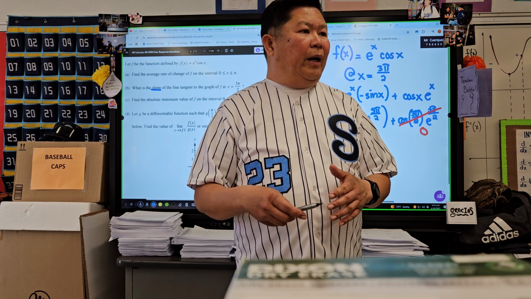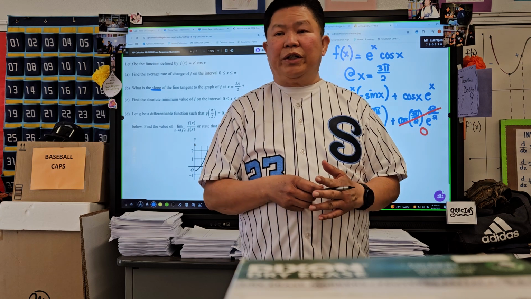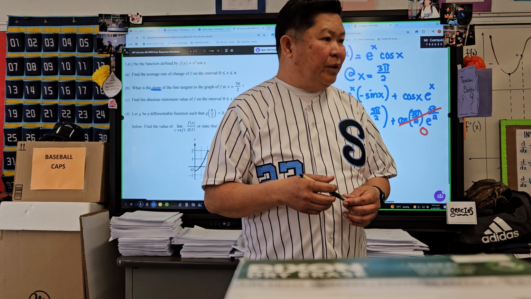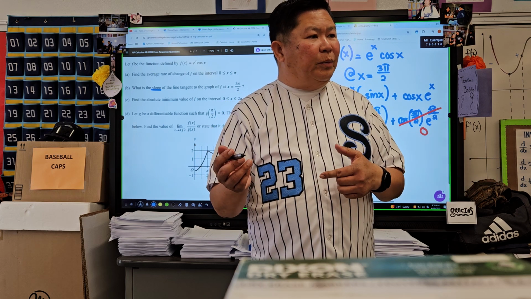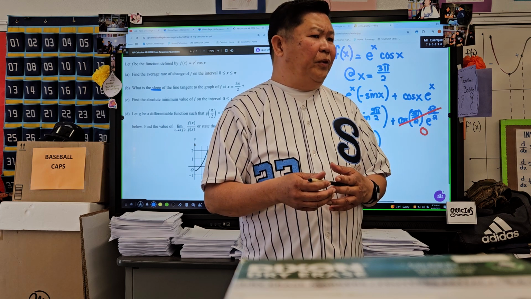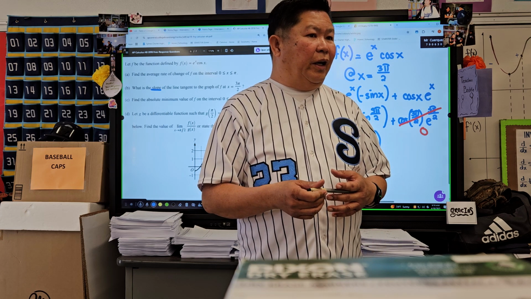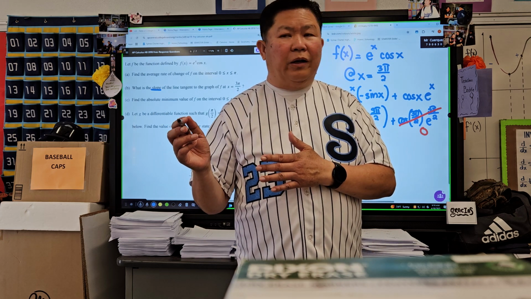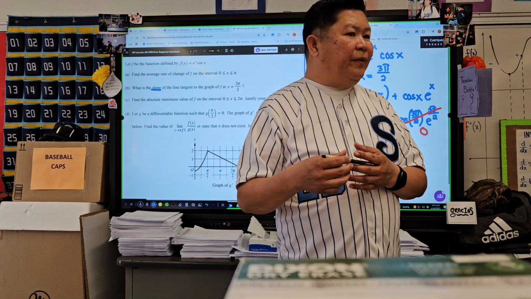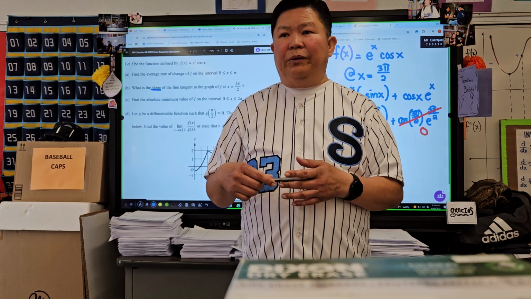For multiple choice, there are 45 questions, and each question is worth 1.2 points. Can you multiply 1.2 times 45? It's 54 also, right? So 54 points for multiple choice plus 54 points for free response, a total of 108 points.